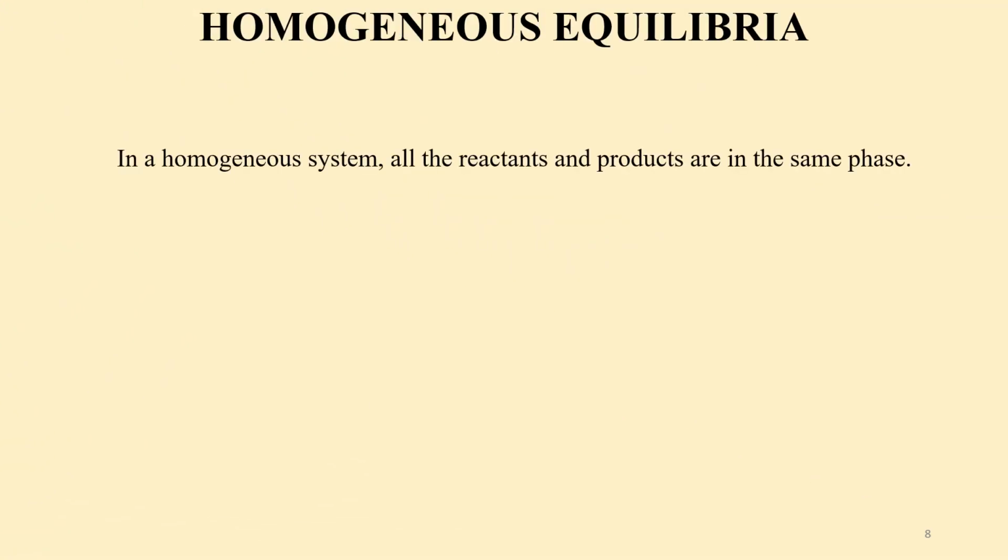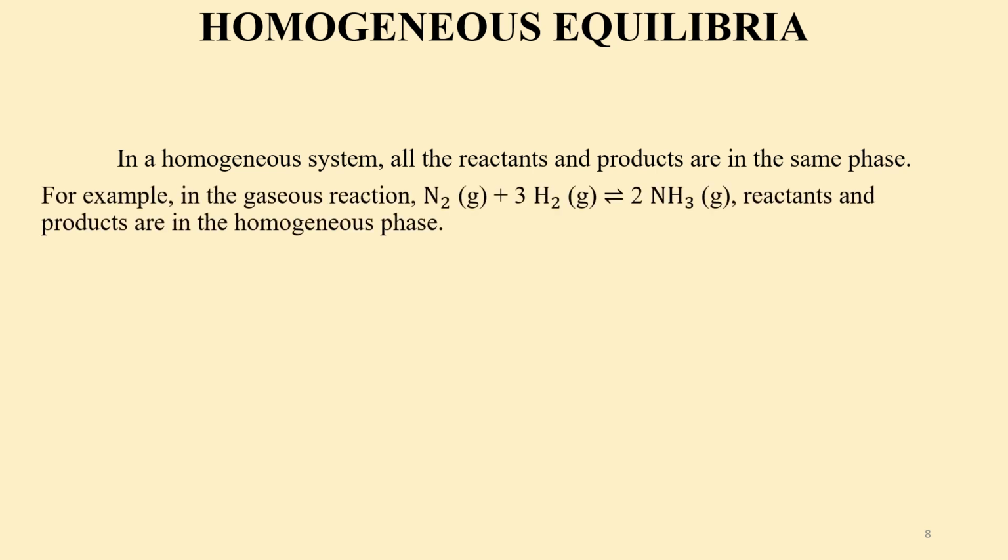Homogeneous equilibria. In a homogeneous system, all the reactants and products are in the same phase. Example, N2 in gaseous state plus 3H2 in gaseous phase, with forward and reverse reaction, combine to form 2NH3 gaseous. So in this equation, reactants and products are in homogeneous phase.